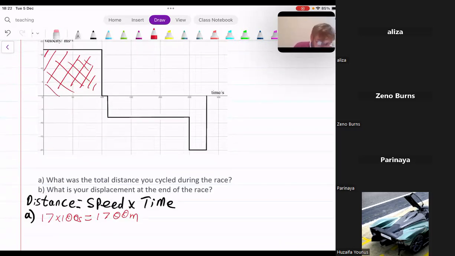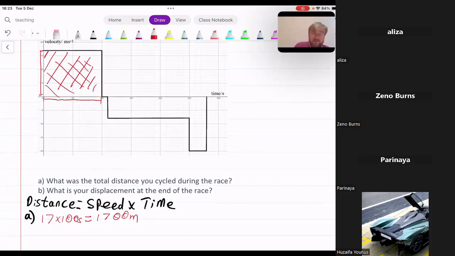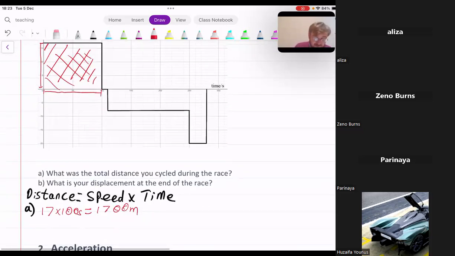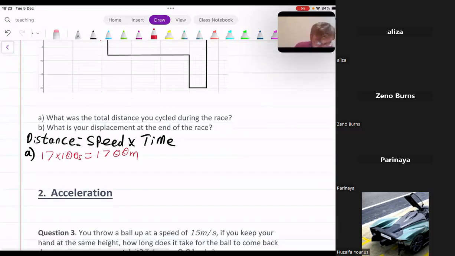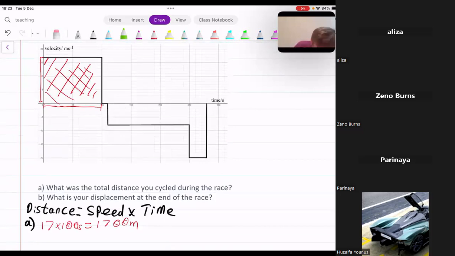Something else I'm also going to point out is, if we times the velocity by the time, this actually gives us the area under this graph. So in the way that velocity is the gradient of a distance time graph, distance is area under a velocity time graph. Okay, let's look at the next section.